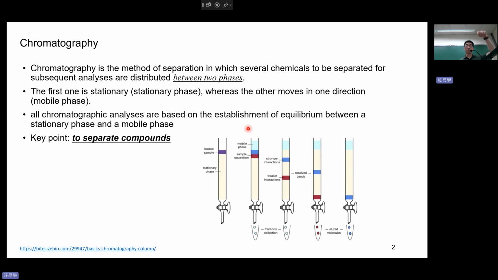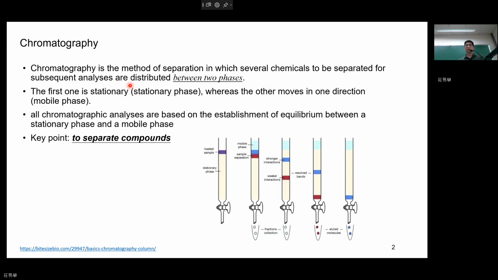If you pump water through the column, the water keeps moving those compounds forwards. And because of the molecular interaction between the compounds and the stationary phase functional group, eventually they get separated. Okay, so that's the working principle.